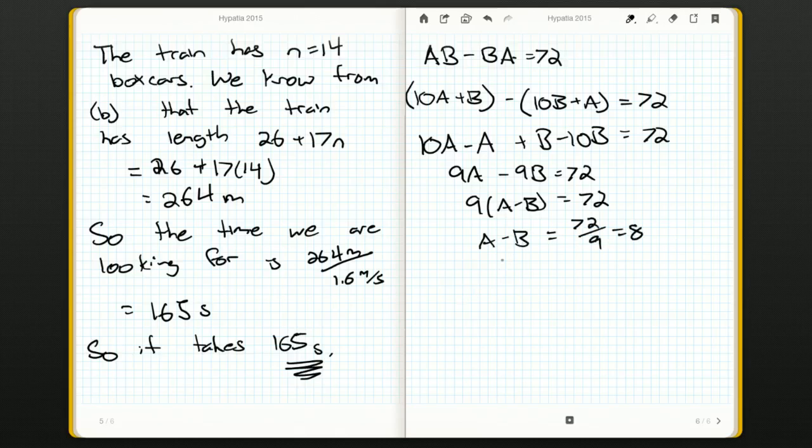So now we know a relationship between A and B, but we're asked for the number AB. Now, A and B are non-zero digits. So 1 is less than or equal to A, and B less than or equal to 9. So A and B are both within this range.